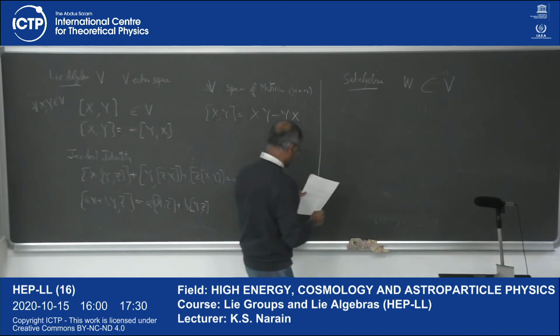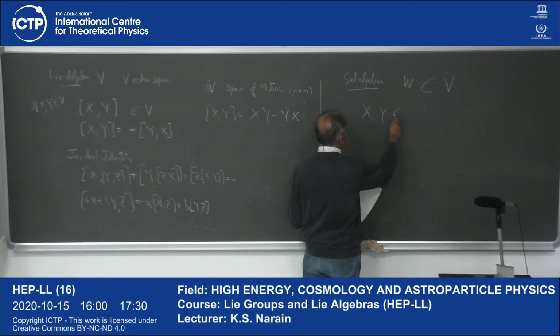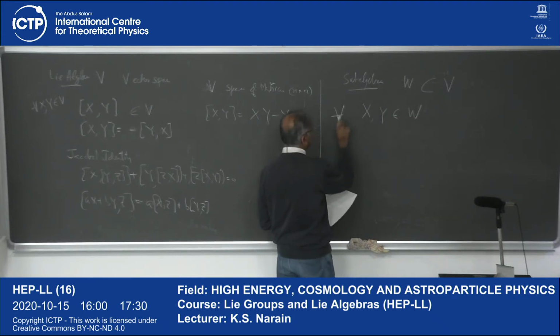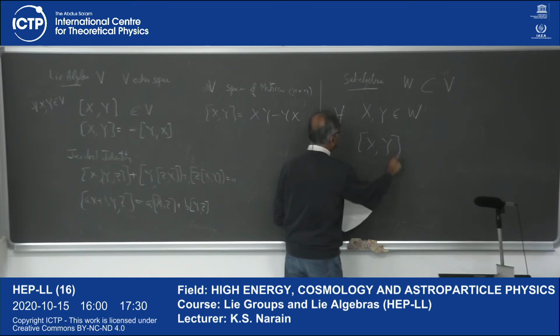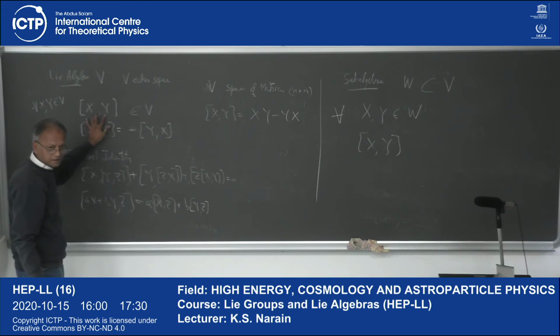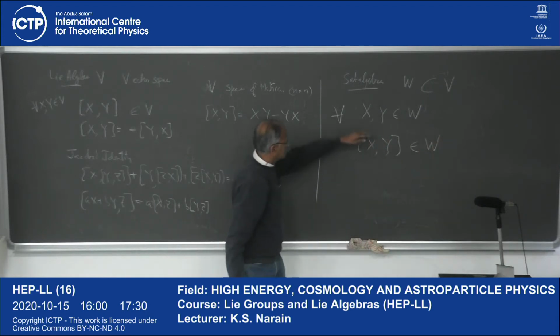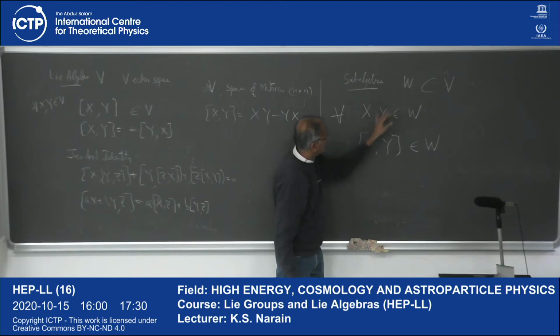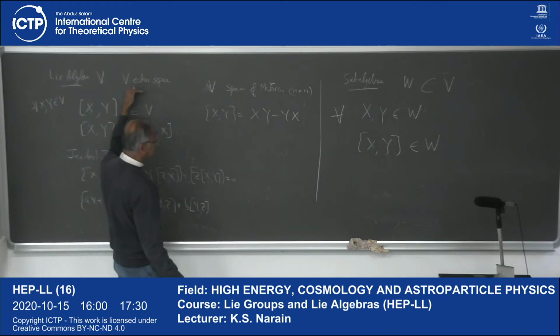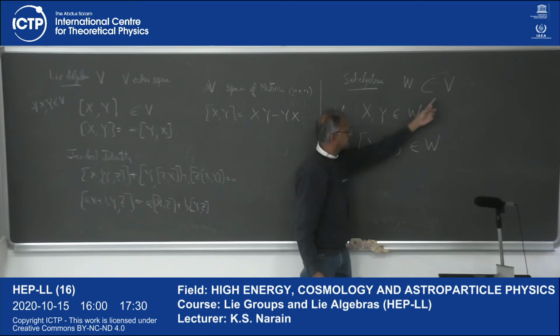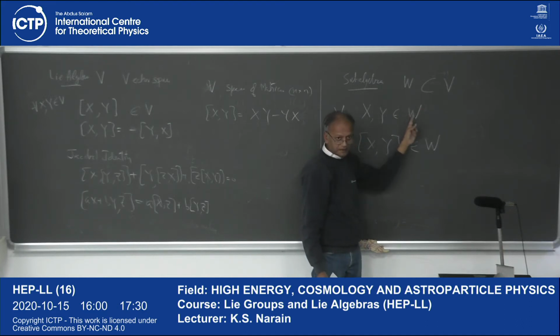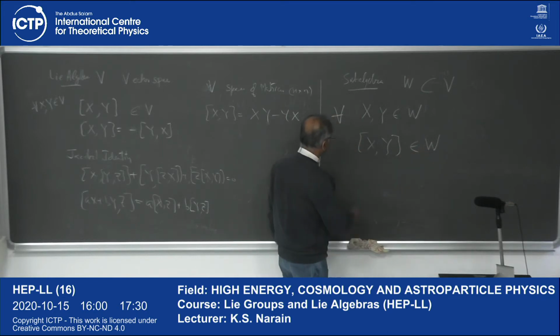What we are saying is that if X and Y belong to W, then X commuted with Y, with whatever rule you have defined, is also contained in W. Obviously it is contained in V from those definitions, but what we are demanding is more: it should actually be contained in the subspace W. If that happens, then you say W is a subalgebra.